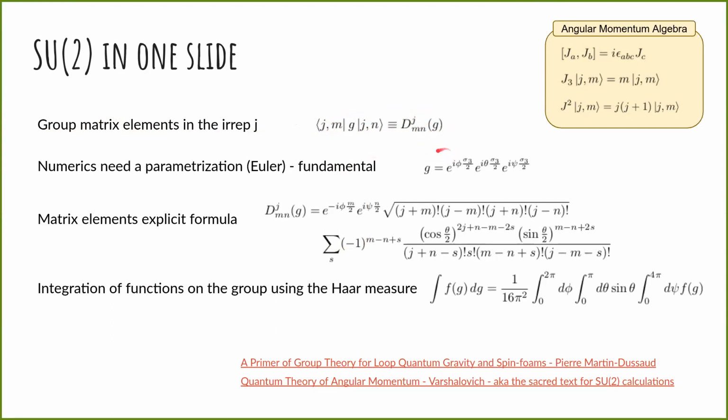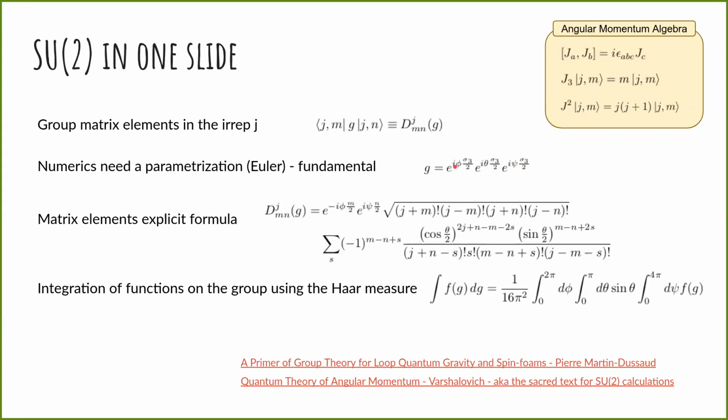In general, to do numerics, you need to pick a parameterization for the group to do the integrals explicitly. The parameterization I usually use is the Euler one, which is just given by three angles, telling you that a general SU(2) element is a composition of three specific ones by just varying these three angles.